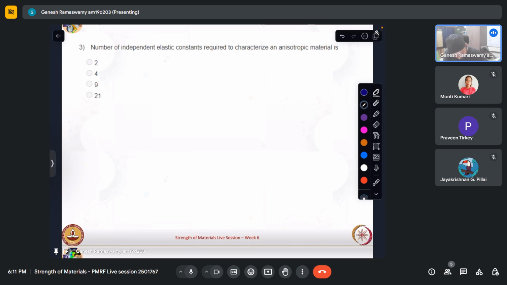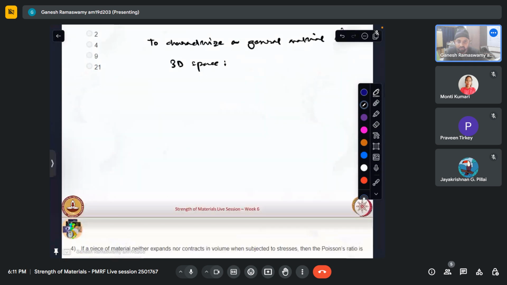For example, to characterize a material in 3D space, there would essentially be 9 stress components. As we saw, the stress tensor is 3 by 3, so in three-dimensional space there are 9 stress components and 9 strain components.